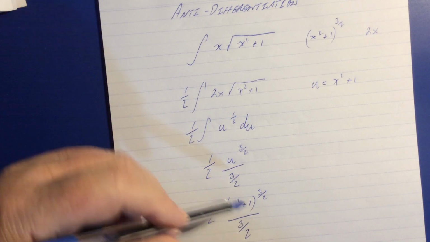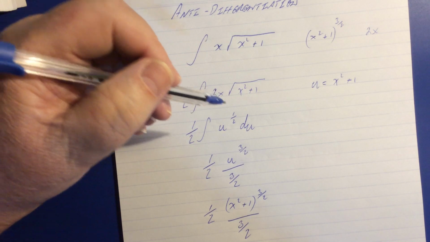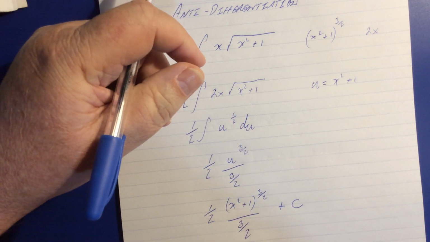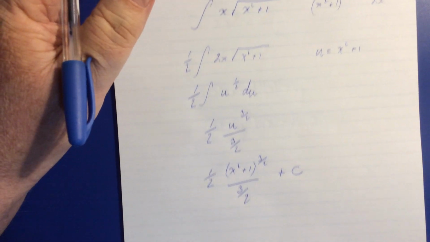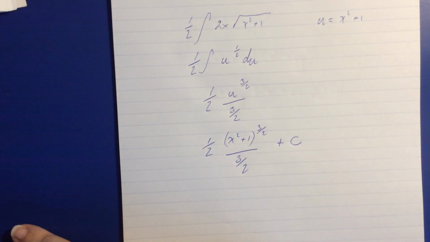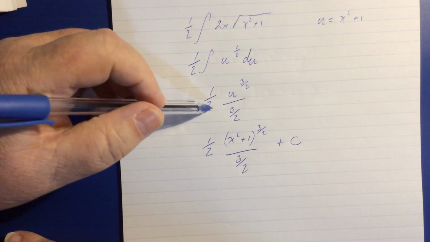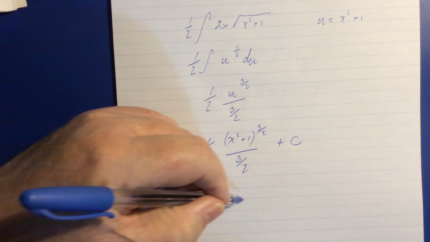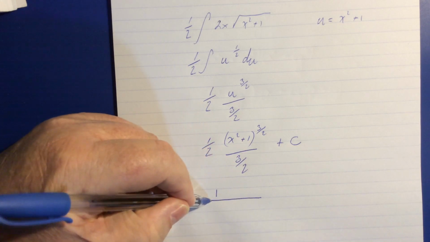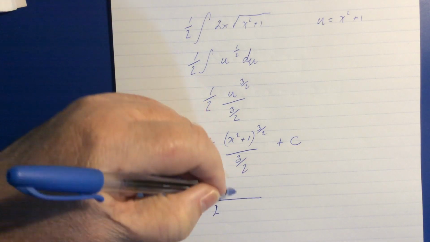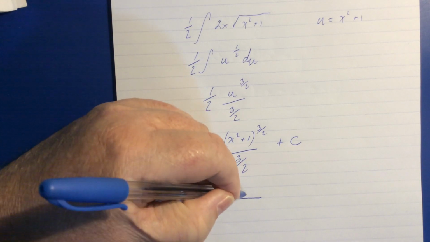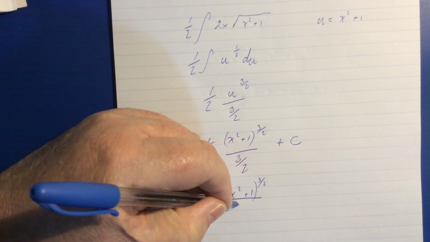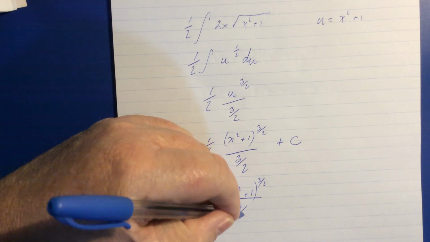Okay, let's tidy this up. Oh, by the way, and this is something I always do, don't forget that. Now, I haven't written this entirely clearly, so this can be written like this: 1/2 x squared plus 1 to the 3 on 2 over 3 on 2.